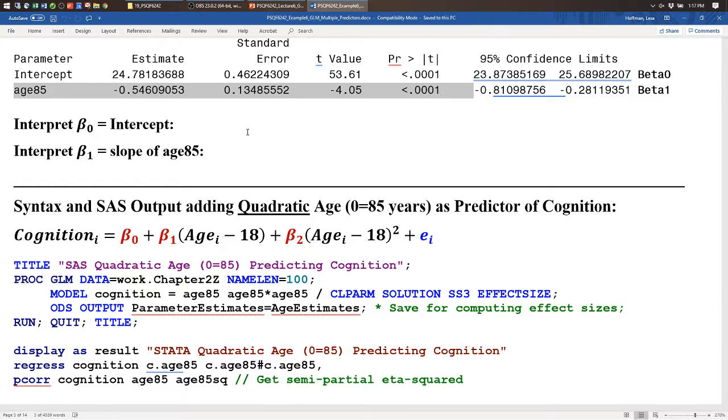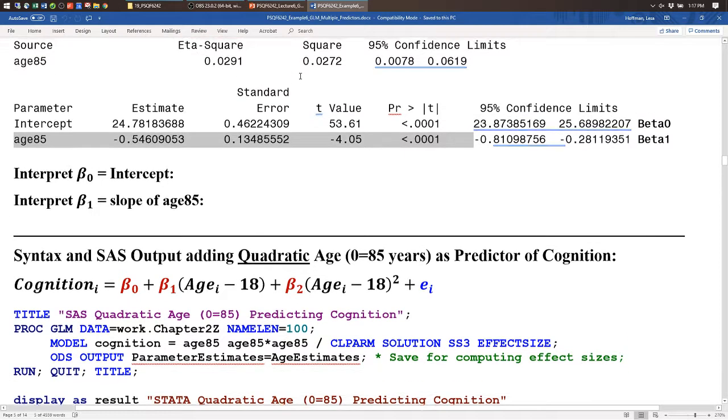It's a year here. So for every additional year of age, y, cognition, is expected to be lower or higher? Less. Lower by 0.5. Yep, 0.5-ish, half a point, we'll call it.